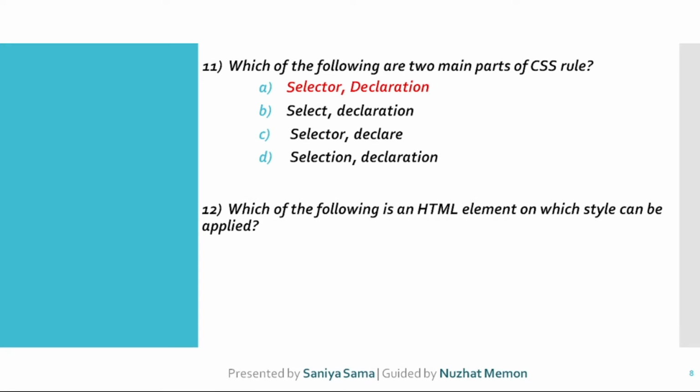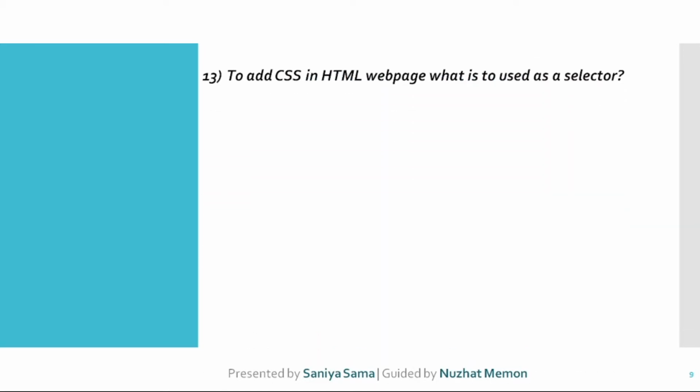Twelfth, which of the following is an HTML element on which style can be applied? Option A, declaration, option B, selector, option C, select, option D, declare. The answer is selector. Thirteenth, to add CSS in an HTML web page, what is used as a selector?